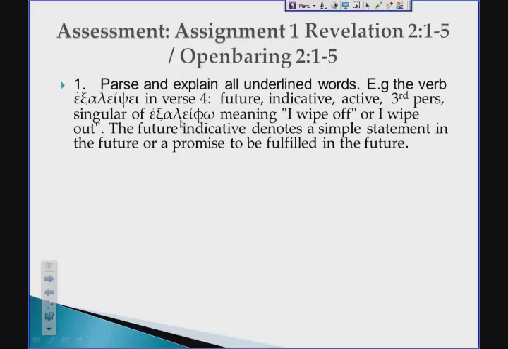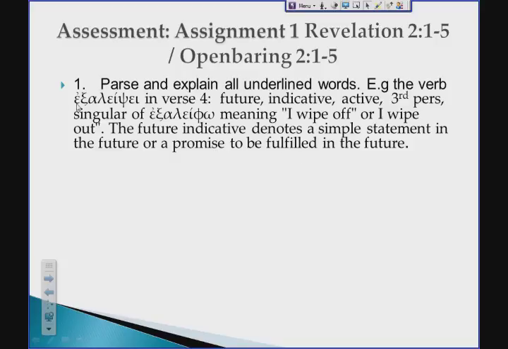This is the verb you will find in the dictionary, exaleipho, meaning I wipe off or I wipe out, referring to the wiping off of the tears. And then I would explain here and say the future indicative denotes a simple statement in the future, or a promise to be fulfilled in the future.